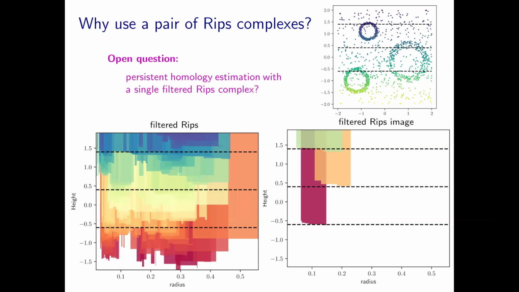And the reason why I don't know why it works or not is that if you forget about the function and just care about getting the homology of the underlying space, then it's known that if you put sufficient regularity conditions on that space, you will be able to recover the homotopy type of that space for certain Rips complexes. And this is work by, for instance, Henry Adams and other people in this room.